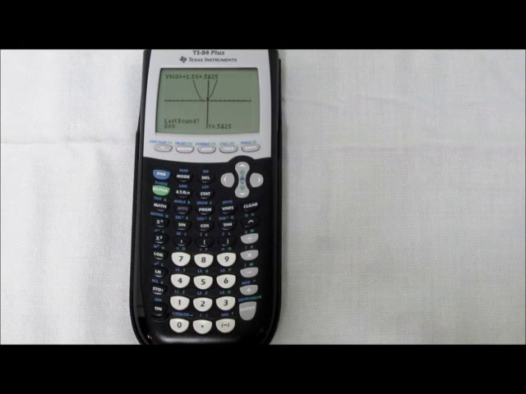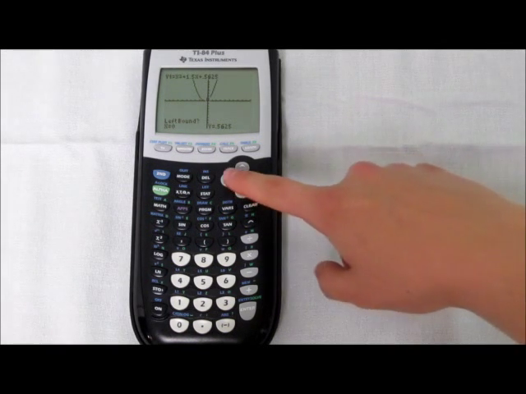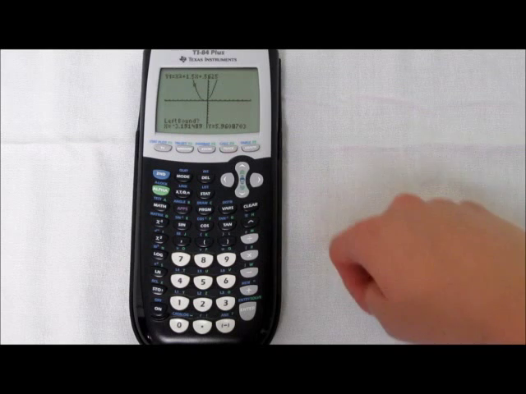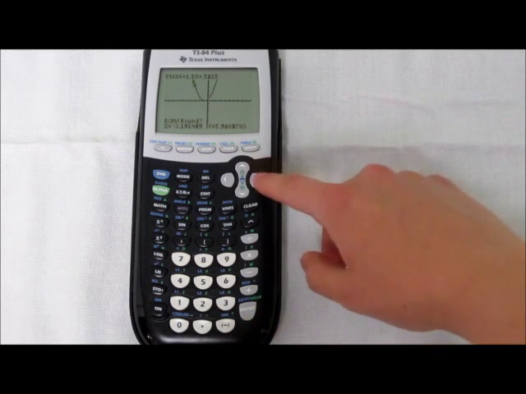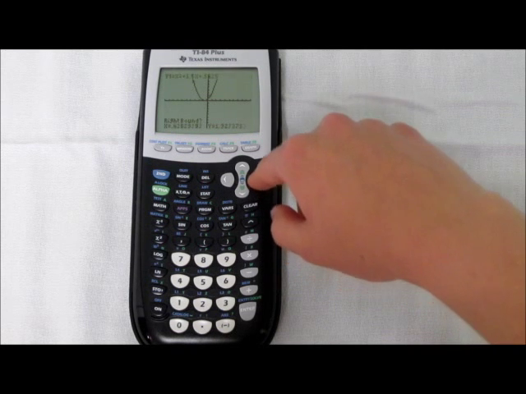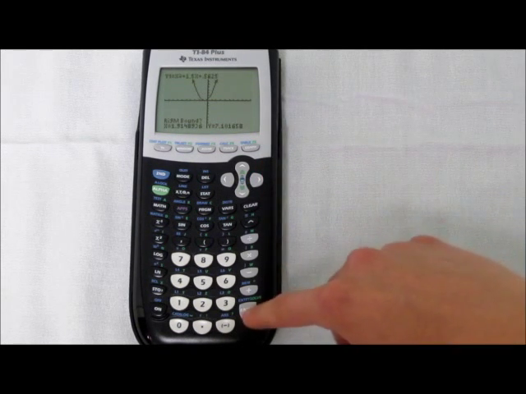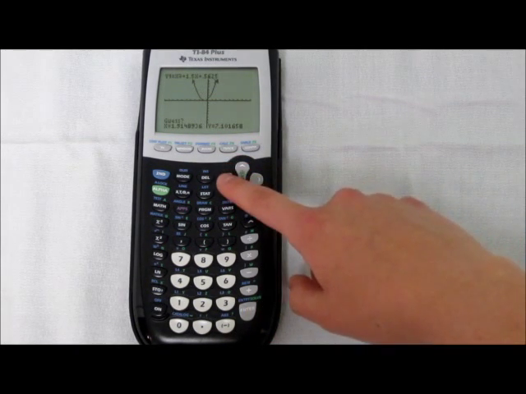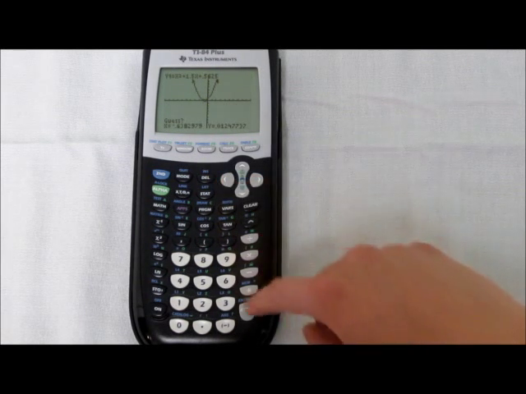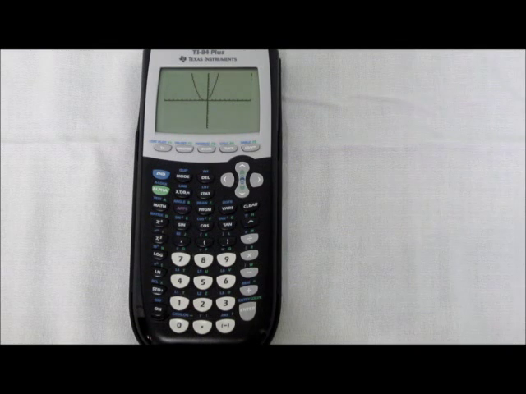The calculator needs us to tell it approximately where we think the graph might be crossing the x-axis, so we arrow left until we're somewhere on the left side of the solution, press enter, then arrow right to give it our right boundary, somewhere over here, and press enter again. Then it wants a guess, so we arrow down to about here and press enter one more time.